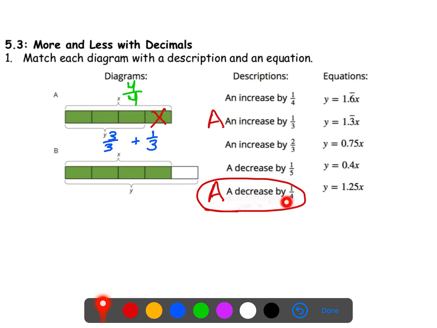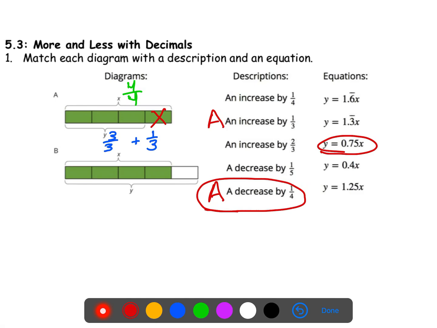If we decrease it by 1/4, remember yesterday, we take all 4/4, we remove 1/4, we're left with 3/4. But notice that all the equations are here in decimals. So we need to know what 3/4 is as a decimal and use that as our equation. And that would be right here. Y equals 0.75x.